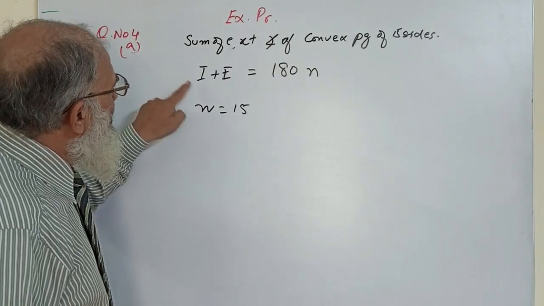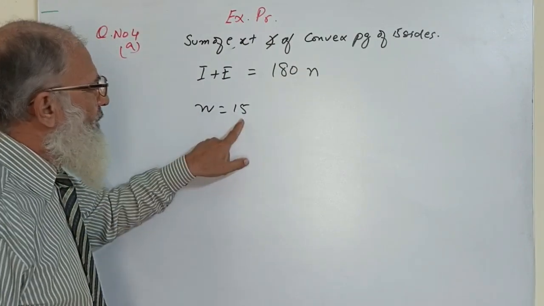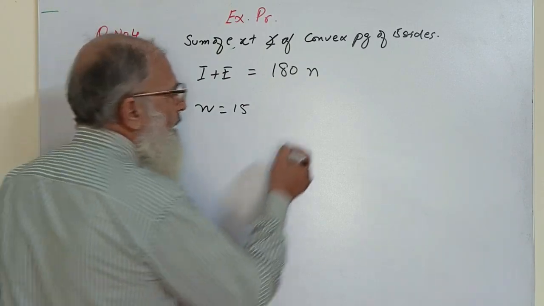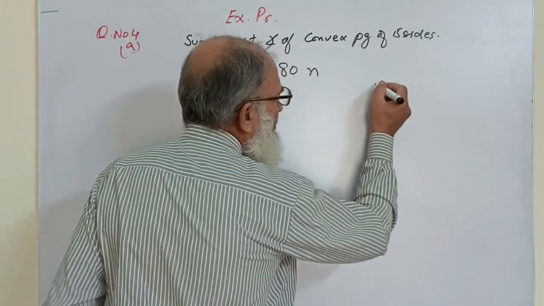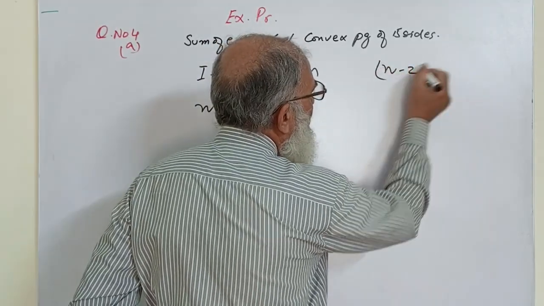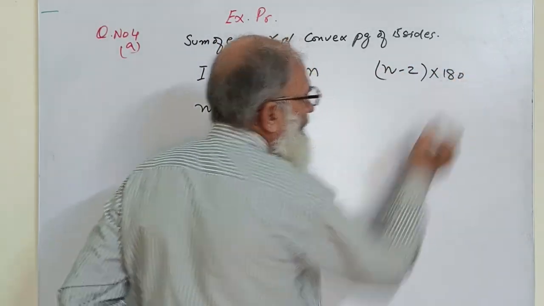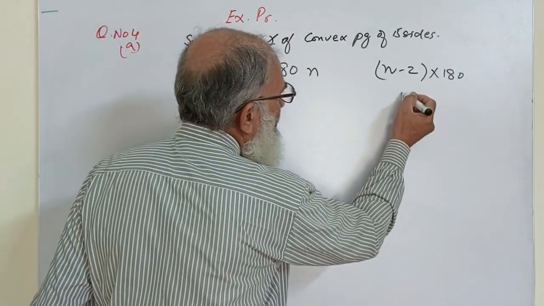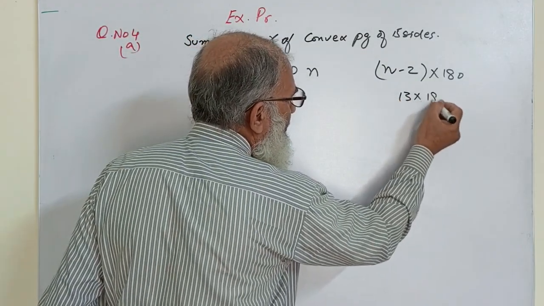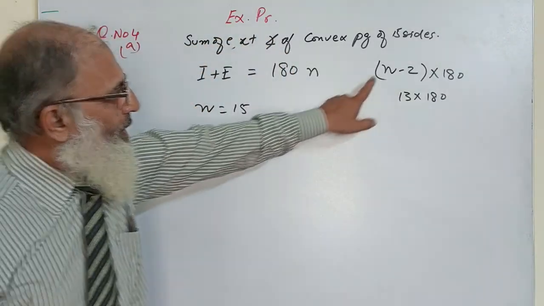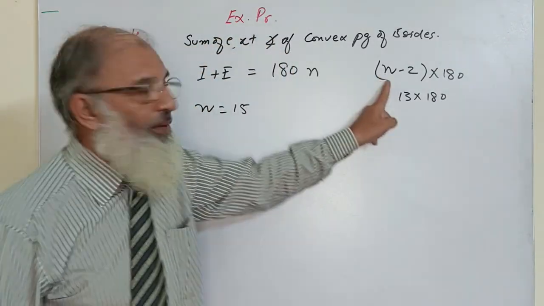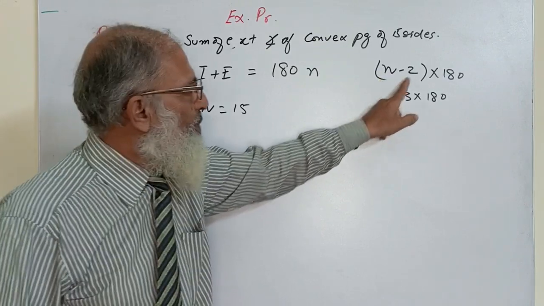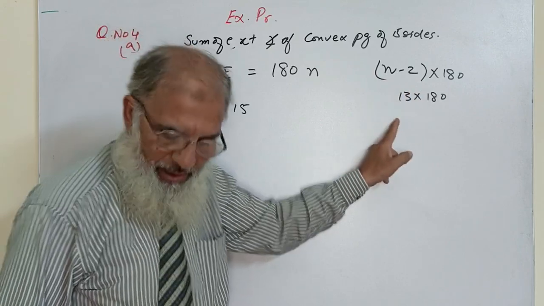To find the interior angles of a 15-sided polygon, what do we do? A very simple method: n minus 2 multiplied by 180. You know it very well. Now n is 15, so we put 15 instead of n. 15 minus 2 is 13, so 13 times 180.